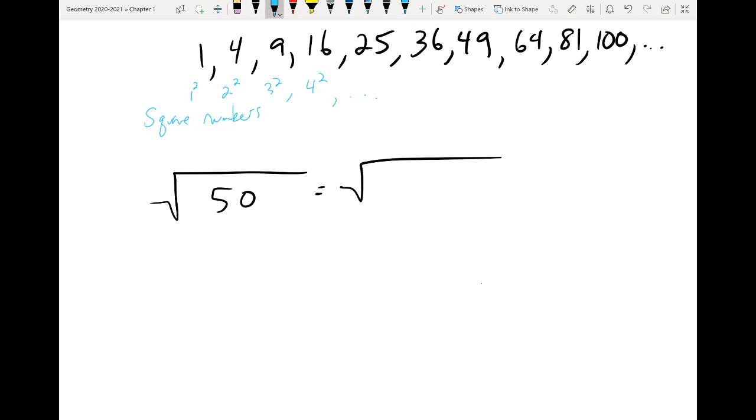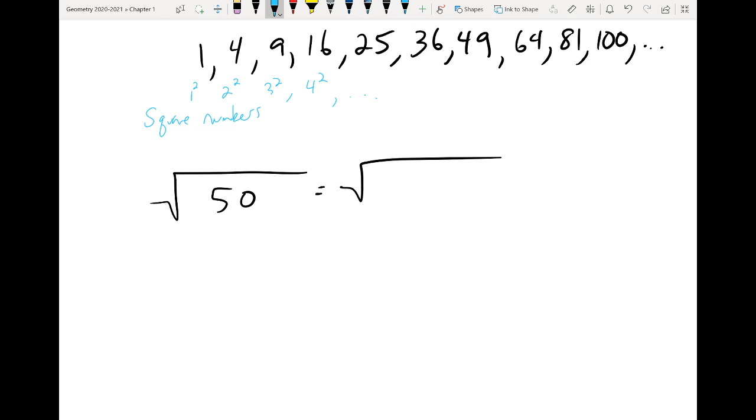So looking at 50, we're going to start to consider these factors like 1, of course, which goes in, but that doesn't really help us. 1 times 50 is still just 50. But consider 4. Now 4 does go into 50, but it doesn't do so evenly. 9 doesn't go in evenly, right? Because think about the multiples of 9: 18, 27, 36, 45.